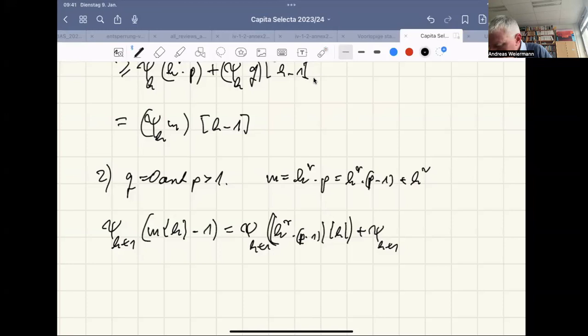We have here k to the r minus 1, where I do base change in k.